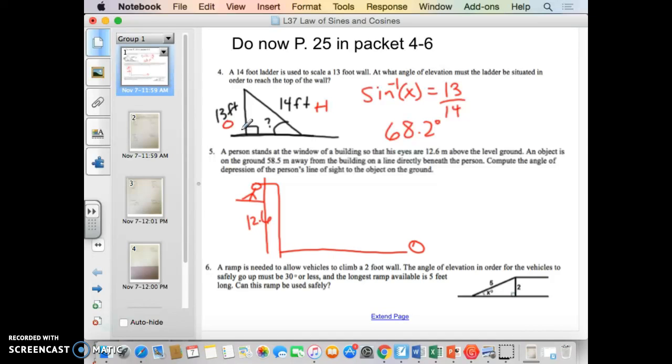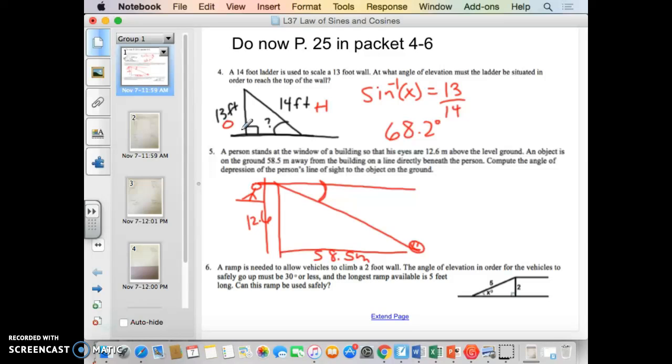Here's an object, and it's 58.5 meters away from the building, directly beneath the person's eyes. You want to know what the angle of depression is. So here's his line of sight, and if they're looking down to the object, this is the angle of depression.